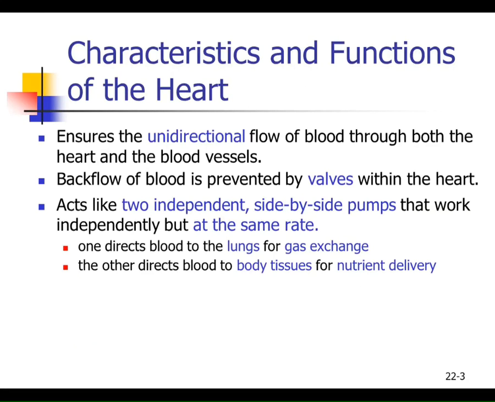What if, though, you do have a valve that begins to break down through either you're born that way, congenital, or through disease of some sort, a bacterial infection that chews away at the valve? If you have blood going back in the wrong direction, clinically we would call that a murmur, right? So a heart murmur is when blood is moving in the wrong direction.